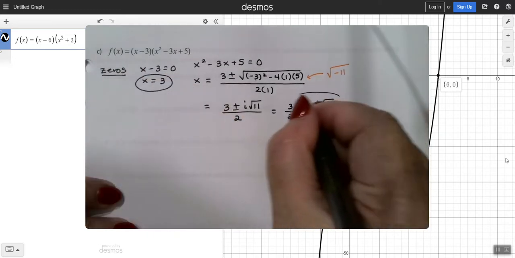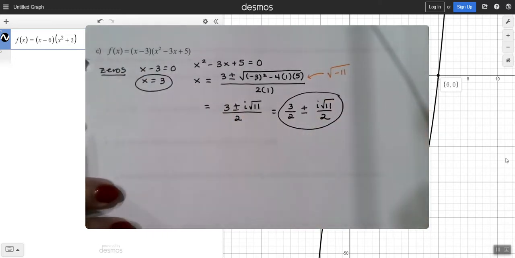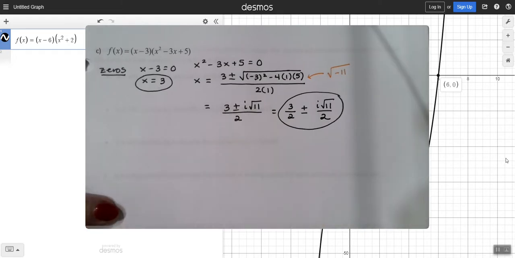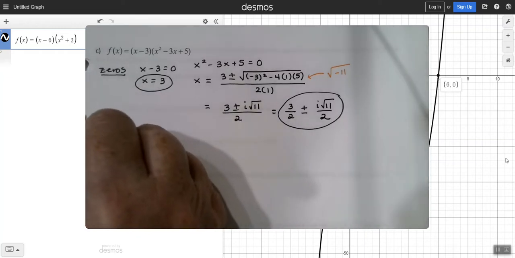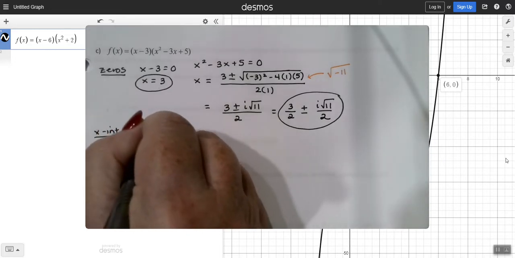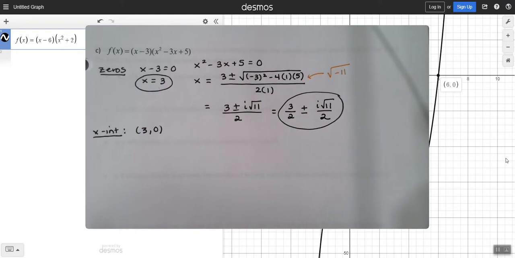So once again, as expected, with a third degree polynomial, I ended up with 3 zeros. But like we said last time, only the real valued zeros are actually x-intercepts. So my only x-intercept is (3, 0).